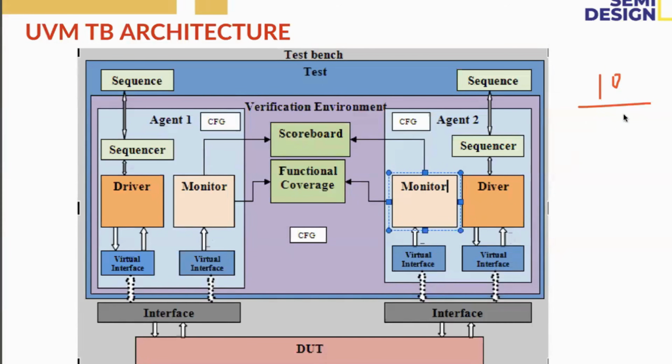See, that's what I'm telling. If there are 10 IPs, there will be 10 agents, because for every IP we are going to do the verification. If you want to write a scoreboard separately, as you did in SystemVerilog projects, the scoreboard is separate for that design only. So like that, you can write the scoreboard separately for every design.